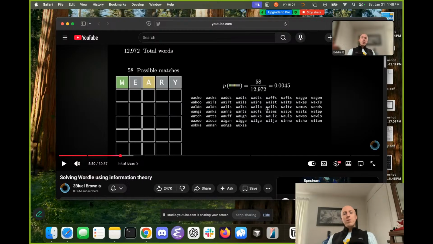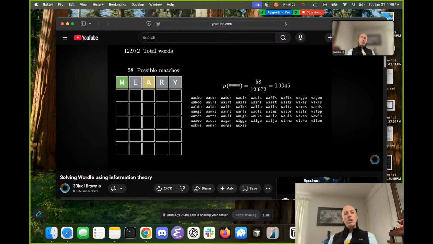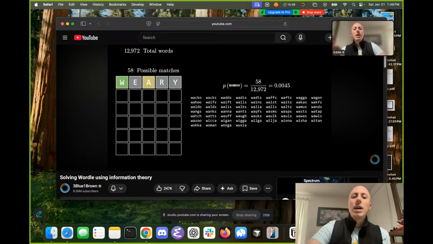The probability of hitting this pattern would be... it's kind of weird. I can kind of see how that could be the case, but I don't know.